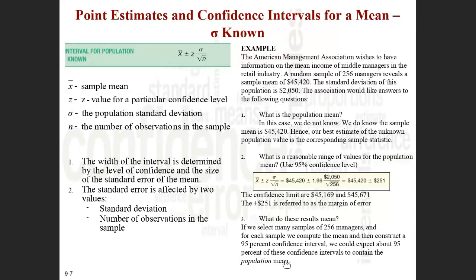Okay? Because remember, 256 is your sample. It's over 30. So this mean approximates the population. So we can say about 95% contain the population mean, which is 45,420, if we look at this range between 45,169 and 45,671.